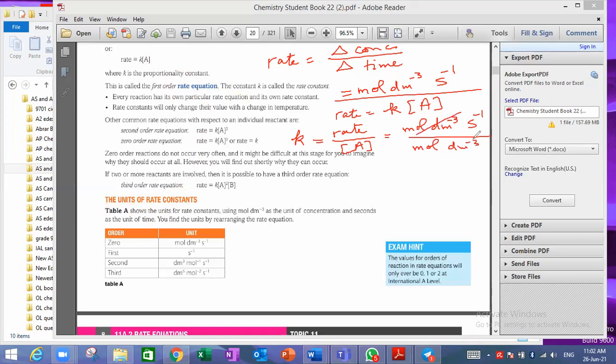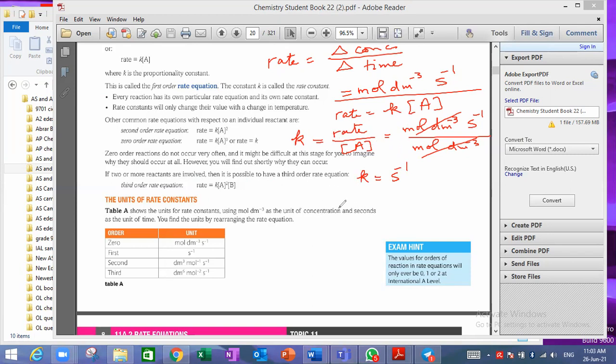So mole per decimeter cube cancels, and the unit of the rate constant is second minus 1. This is if it is a first order reaction.